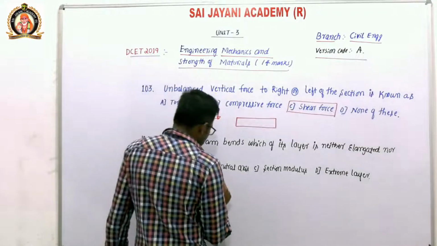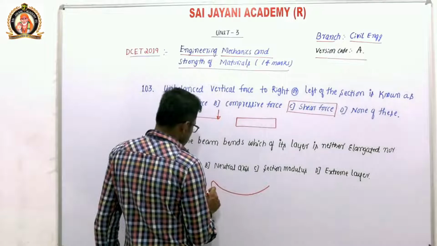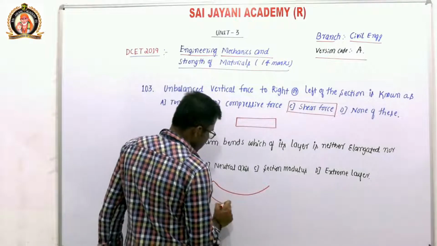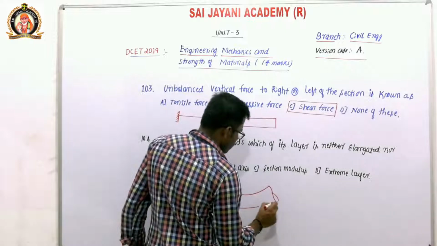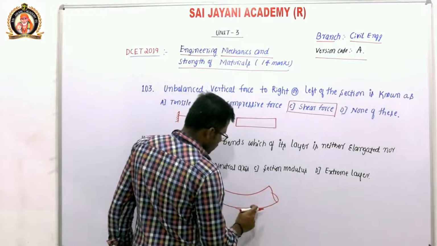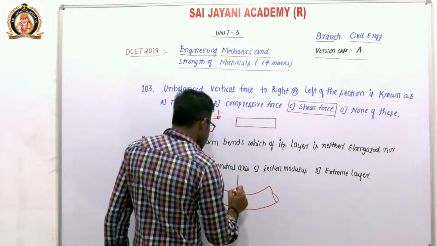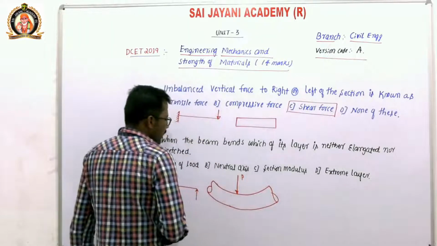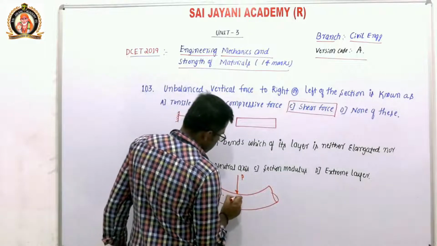So the beam will bend like this. So I will consider a circular beam. So this is the beam which bends like this when load P is applied. So this is the neutral axis of the beam.